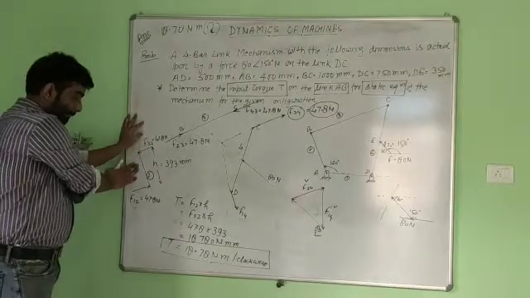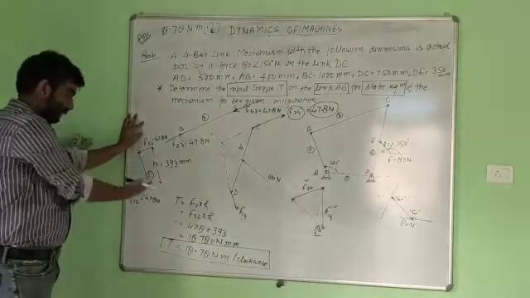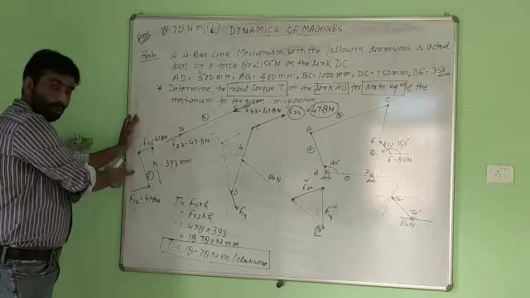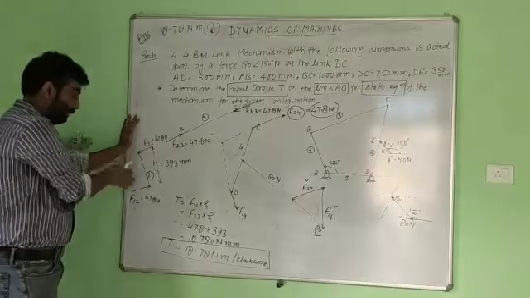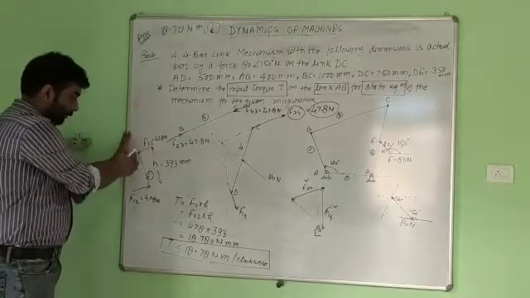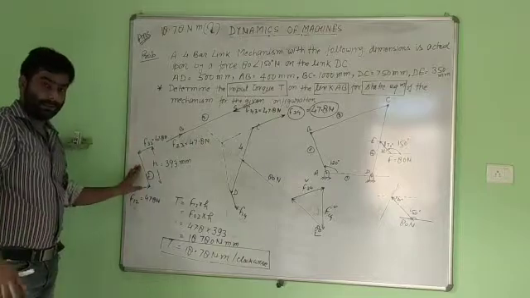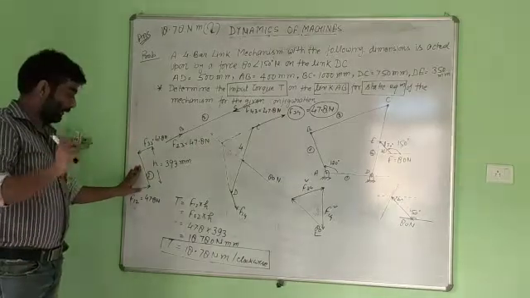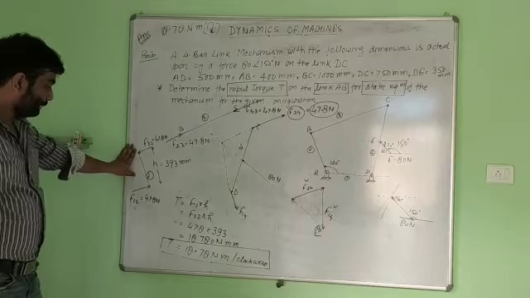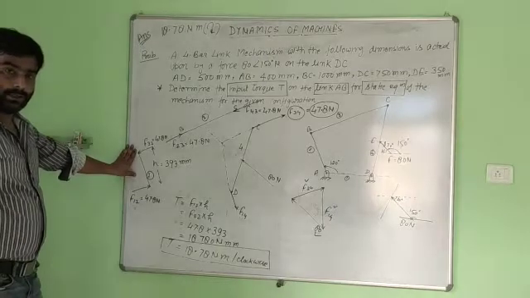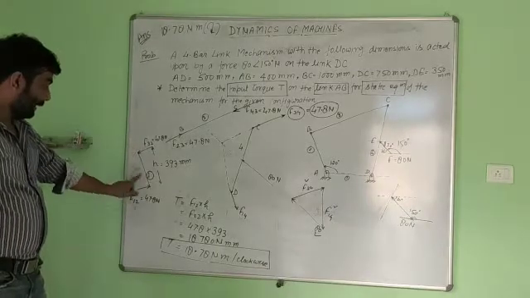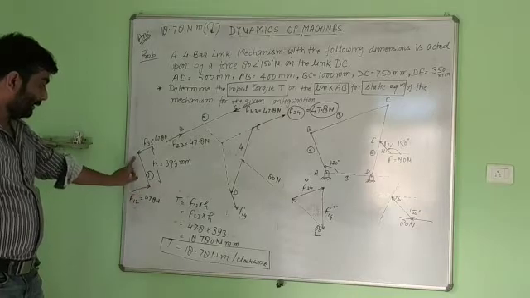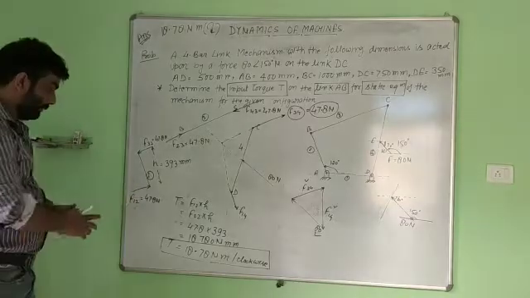Now member 1 is in equilibrium under the action of two forces and a torque, which we have to calculate. If a member is in equilibrium under two forces and a torque, the forces should act parallel and equal in magnitude.